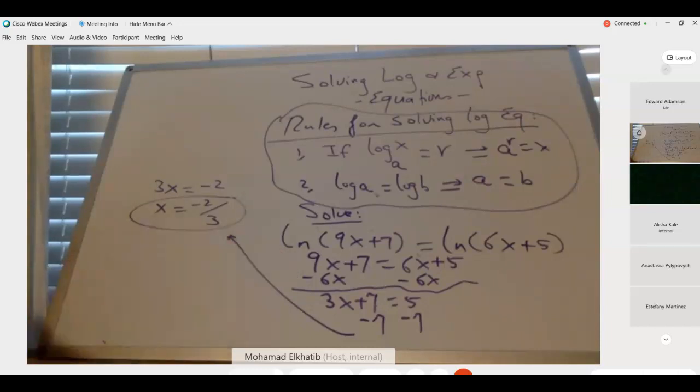All right, can I erase the example? Yes.